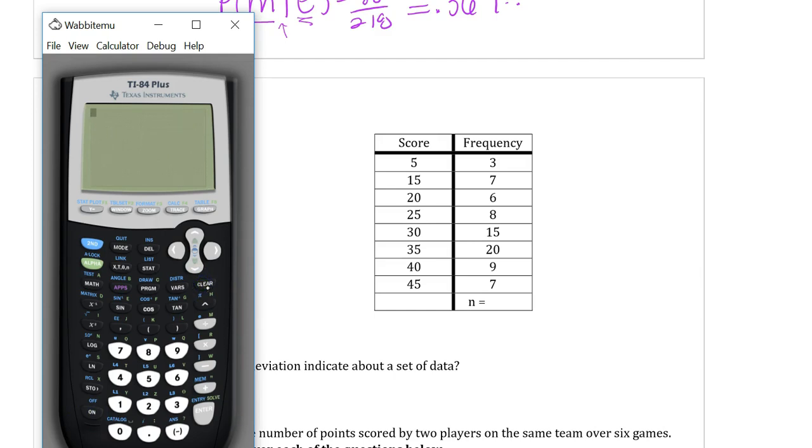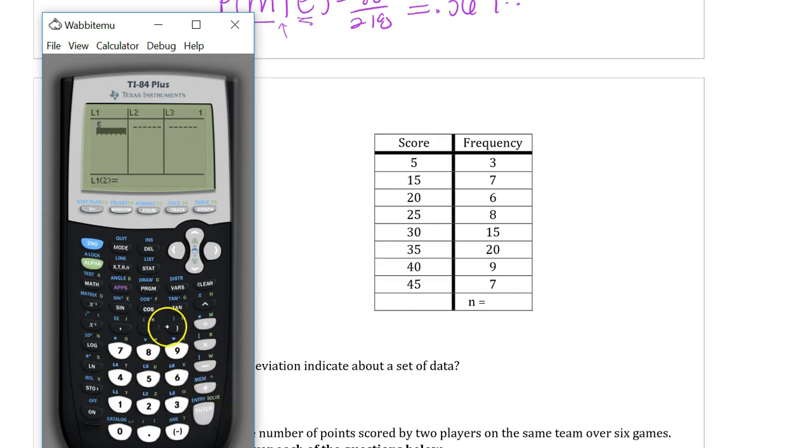Okay, so how you do this in the calculator is you go to Stat and then Edit. If you need to clear out data, make sure you do that. Clear. Okay, and it looks like I have scores of maybe some tests and frequencies. So that means you have 3, 5, 7, 15, 6, 20s, and so forth.